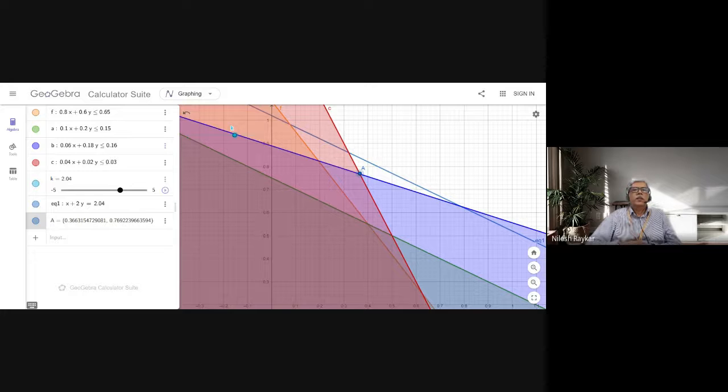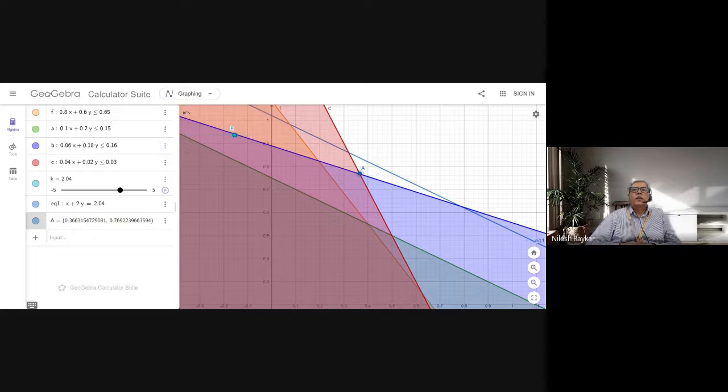You can cross check that, of course this should be correct, but we can solve those two simultaneous equations corresponding to those constraint lines and find out that it is so. That is the solution.